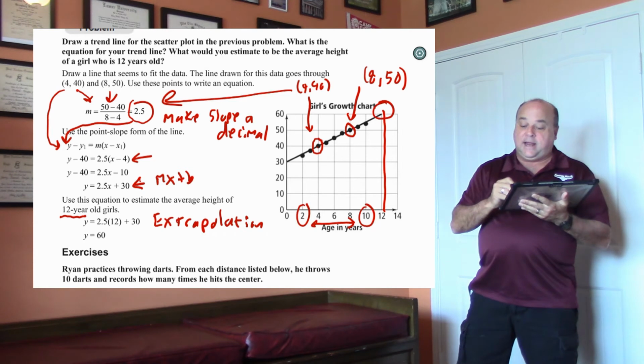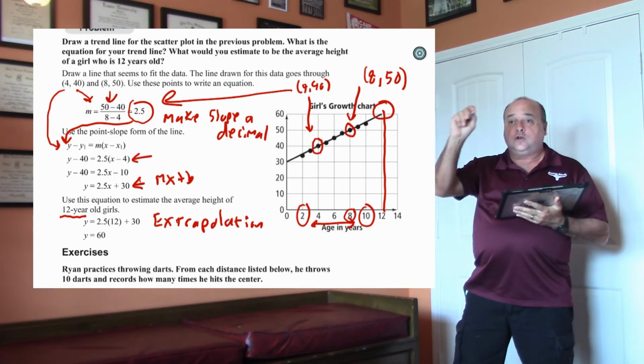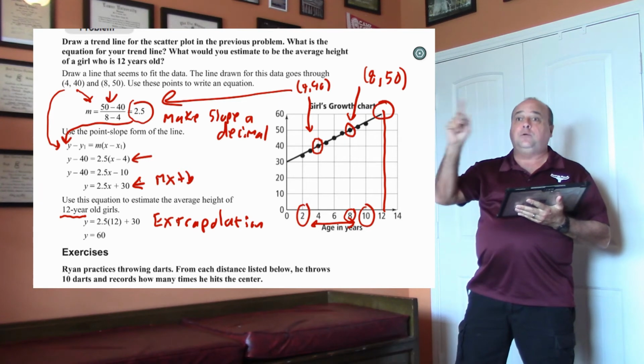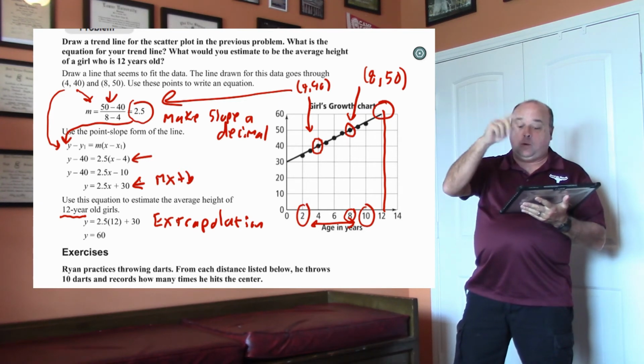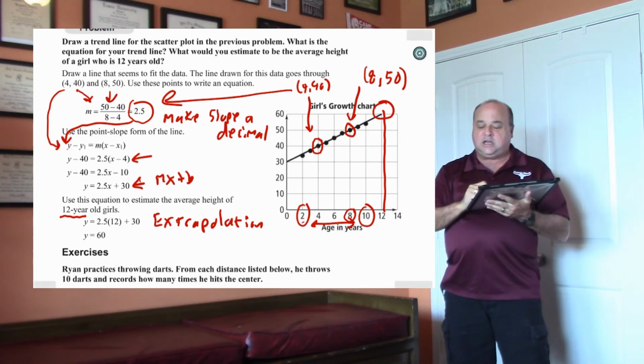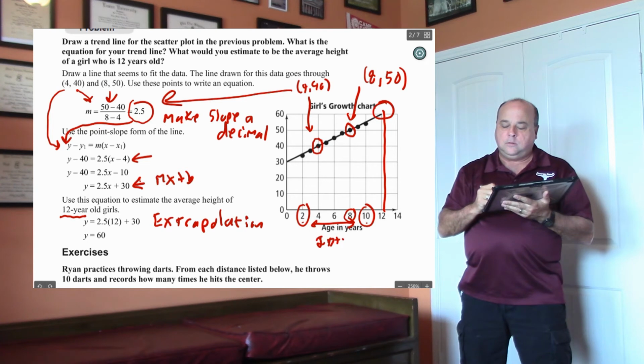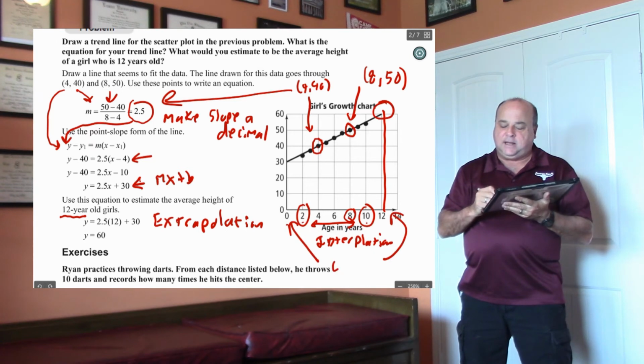If I wanted an 8-year-old, I would be using interpolation because I would be predicting between them, okay? If I wanted a 1-year-old, it would be extrapolation, right? So if I'm predicting between 2 and 10, it's interpolation. And if I go over this side or over here, that is extrapolation.